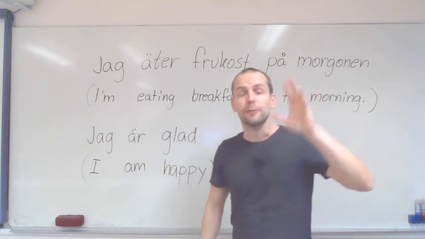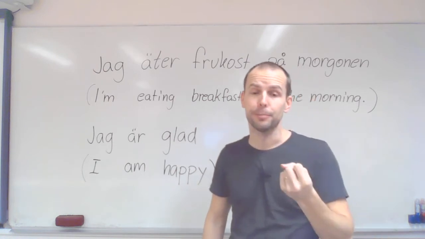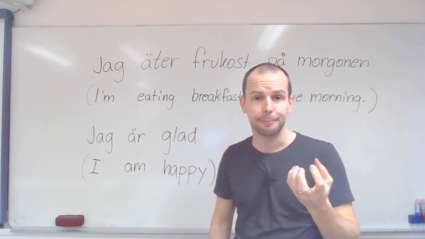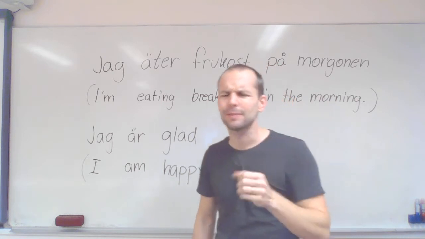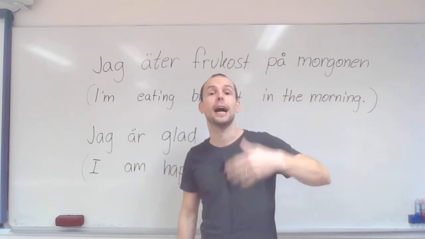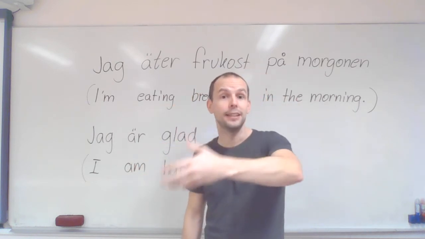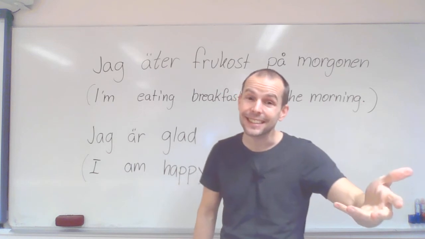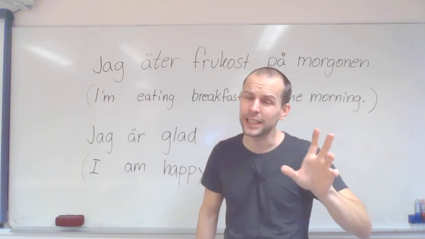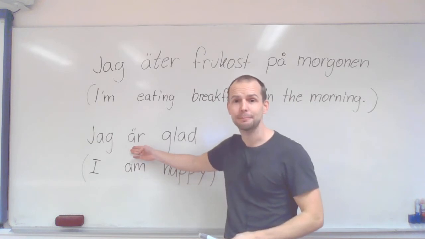So, first of all, I need to talk about the verb är. Because in English, you say I am, you are, he, she, it is. In Swedish, it's only är.